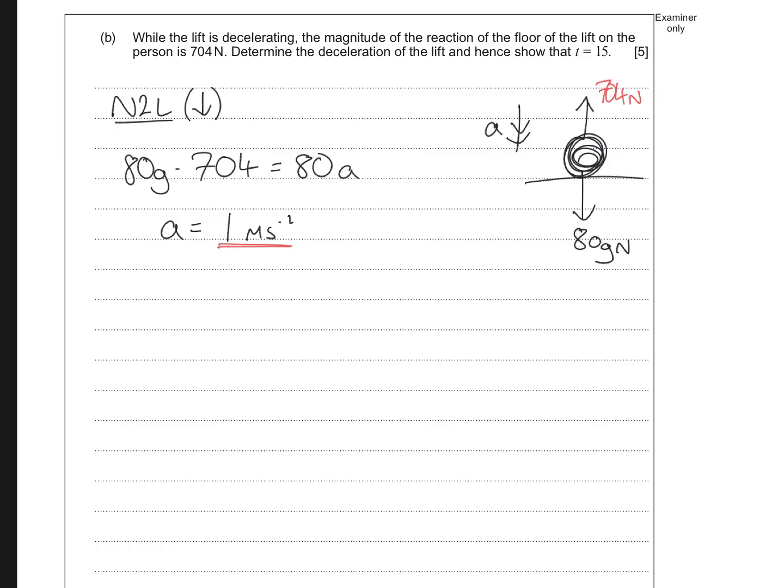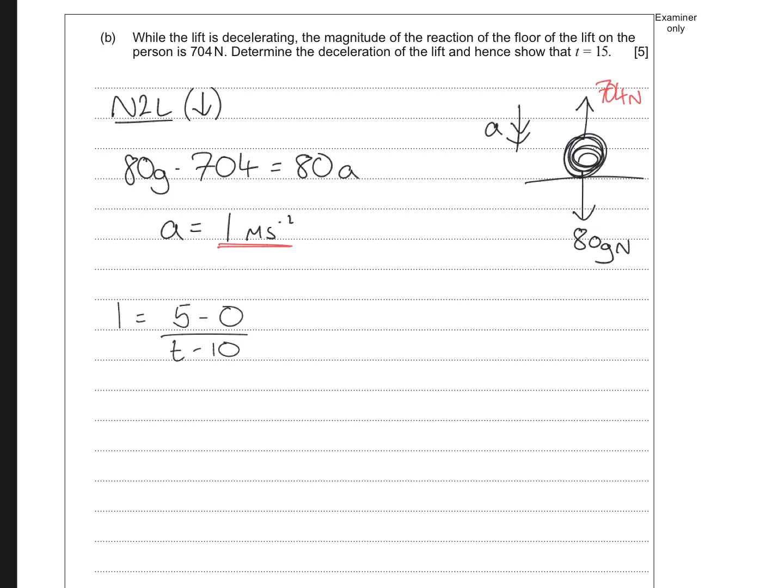Now, if there's an acceleration of 1 meter per second squared, then if we go back and look at our graph on the last page, I'll pause while you do that, you should see that the particle has decelerated by 5 meters per second over the course of 5 seconds. So I can say that 1 equals the change in velocity, which is 5 minus 0, over the change in time, which is t minus 10.